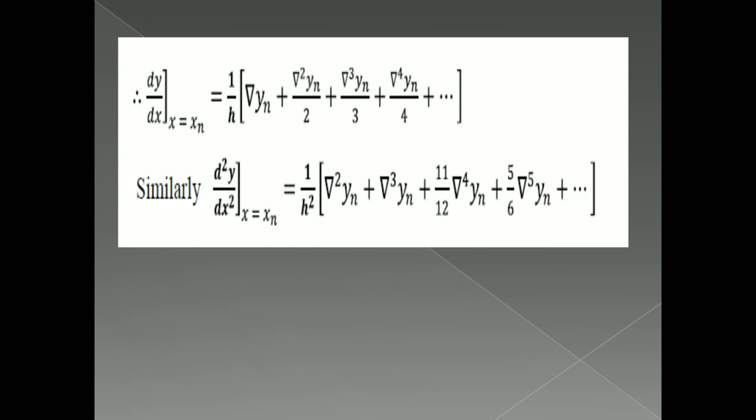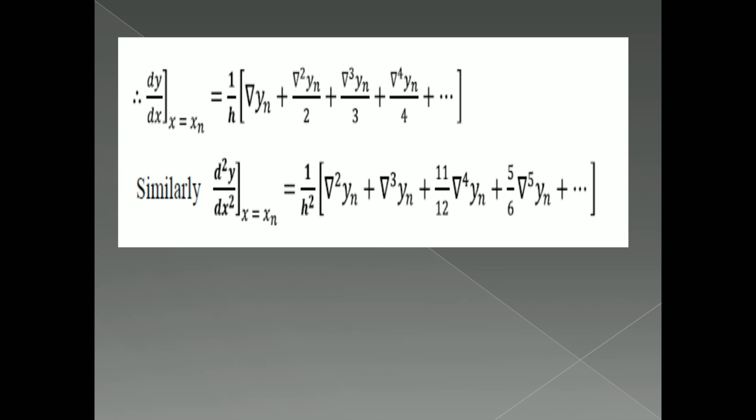Therefore, the derivative of y with respect to x by using Newton's backward interpolation formula at a particular value of x which lies near the end of the table, or at the end of the set of tabulated values, is given by dy by dx at x is equal to xn is equal to 1 upon h [nabla yn plus nabla square yn upon 2 plus nabla cube yn upon 3 plus nabla raised to 4 yn upon 4 plus and so on].